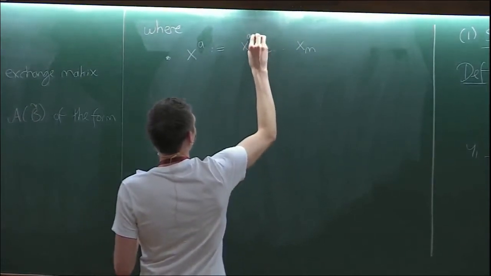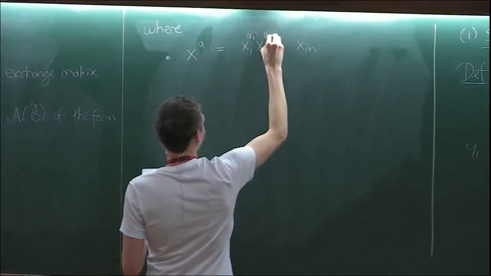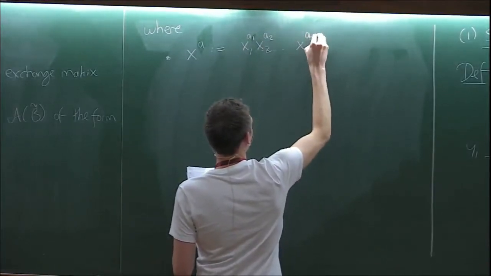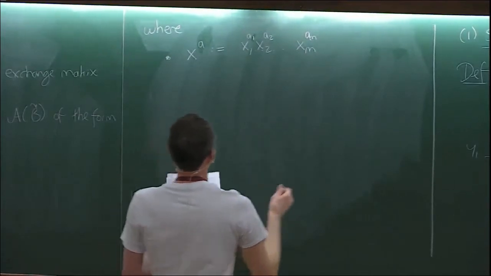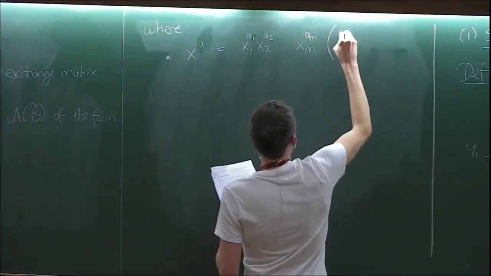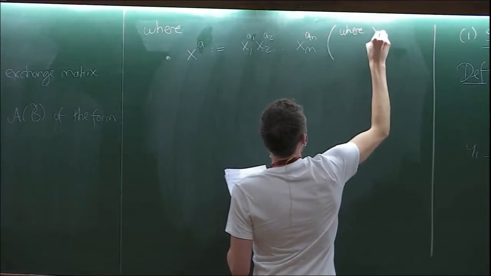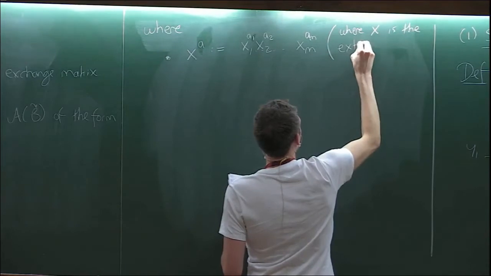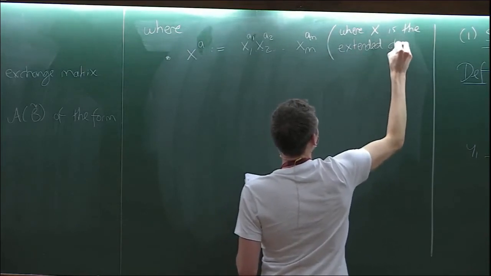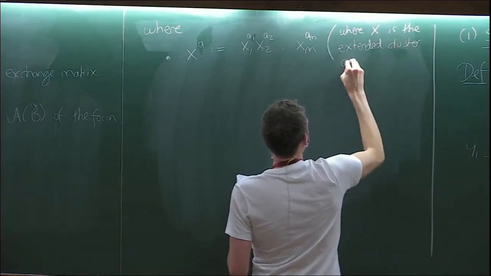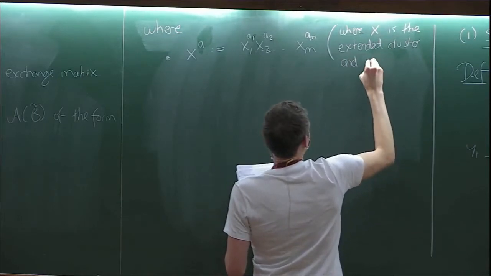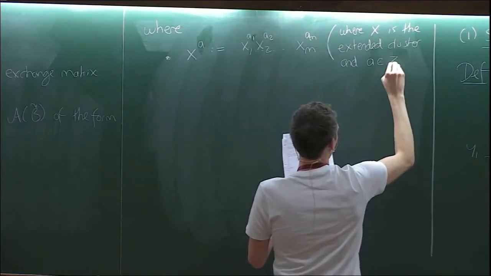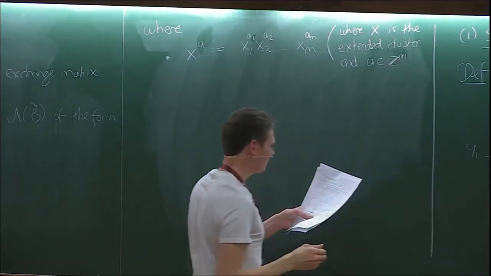So the exponent of x1 is a1, the exponent of x2 is a2, and the exponent of xm is am.